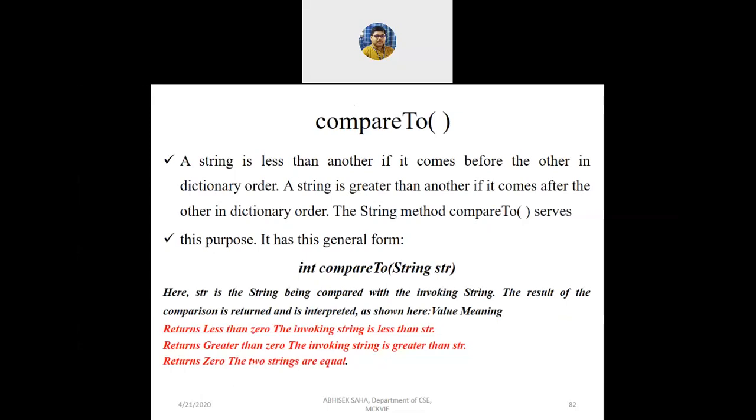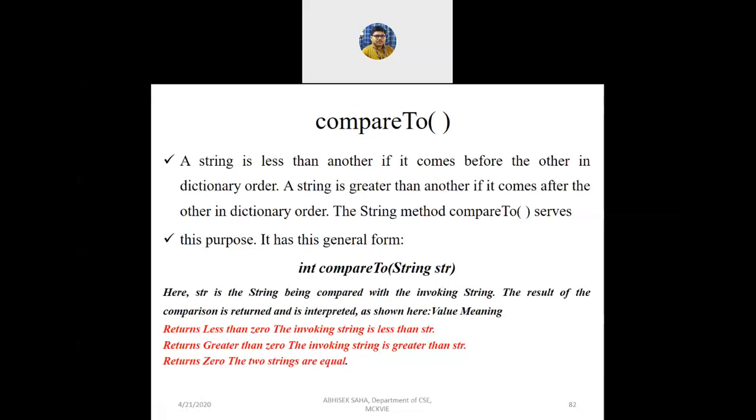Another string is, consider, capital A, small c, small d. Which one is smaller, which one is larger? Definitely the second one is larger and the first one is smaller.